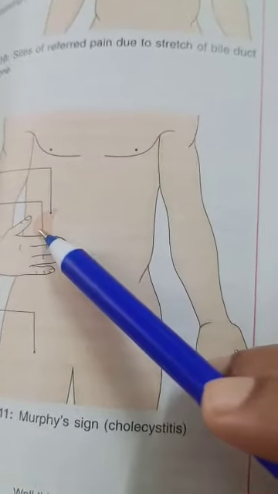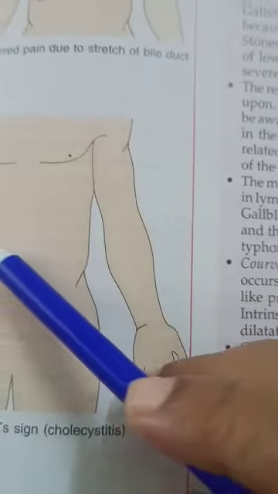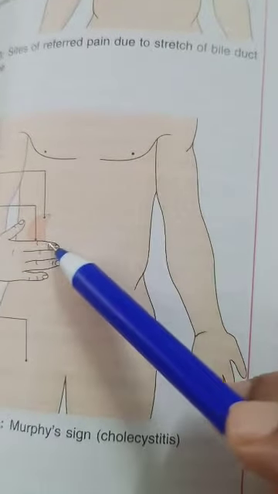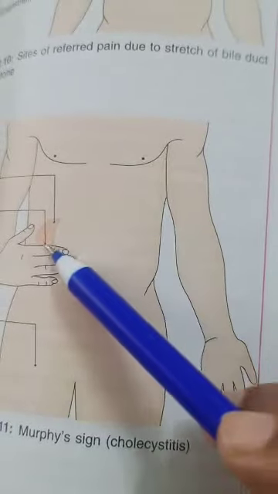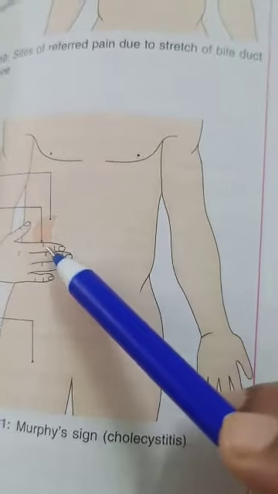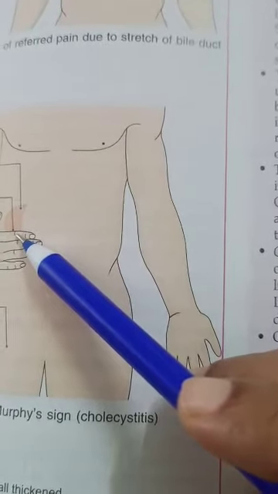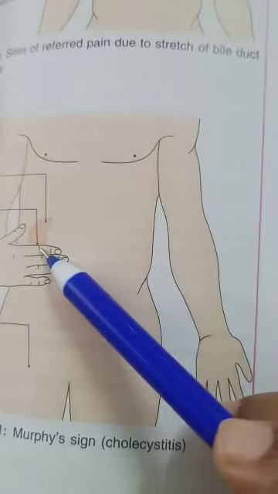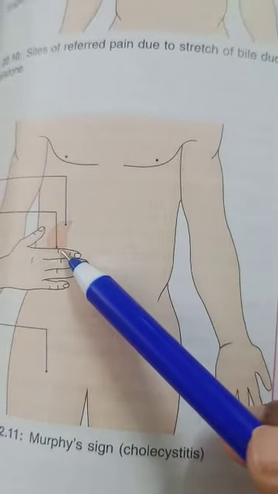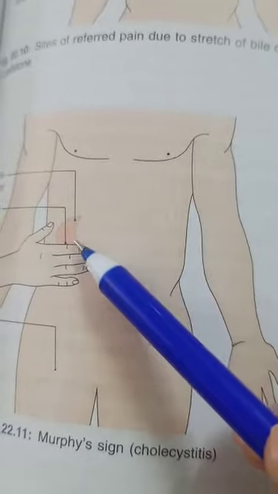When a finger is placed just below the costal margin, at the tip of the ninth costal cartilage, and the patient takes a deep inspiration, we can feel a sharp pain at this point.